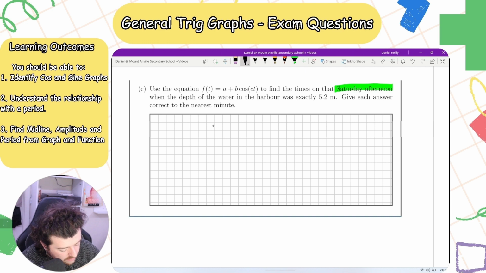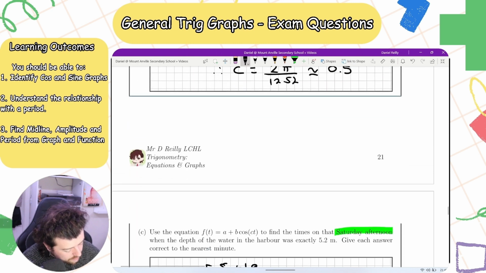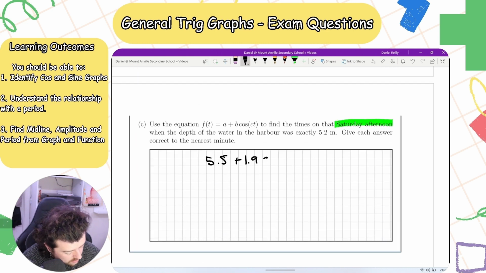I know my function is going to be 5.5 plus 1.9 cosine 0.5t. That's my function, and I want to find out when my function is equal to 5.2.